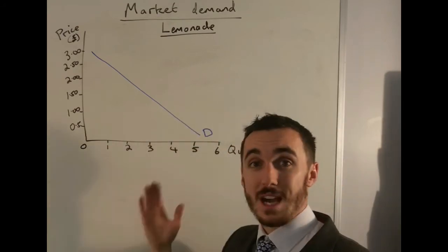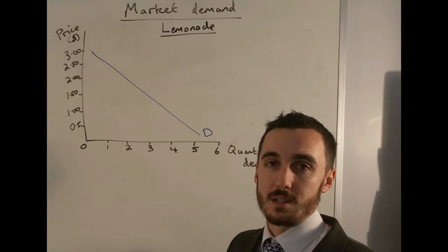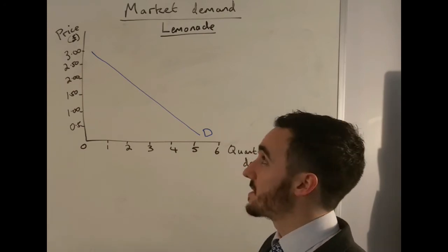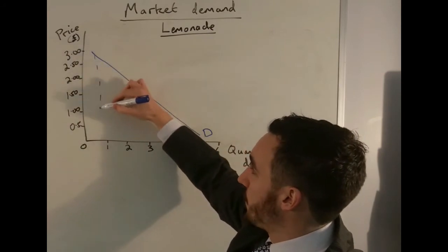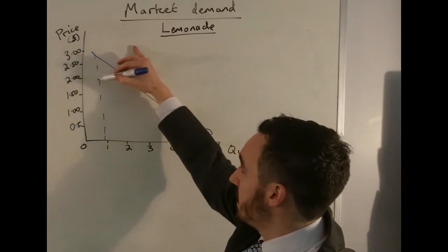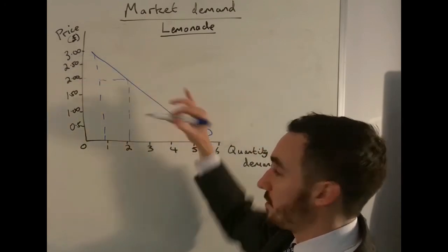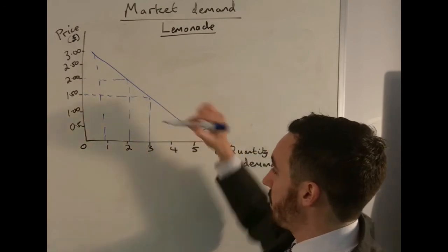So it is still down sloping, but it's a linear shape for the demand curve. So we can see for the market at £3 we have just less than 1 glass. At £2 here, we have around 2 glasses. At £1.50, we have around 3 glasses.